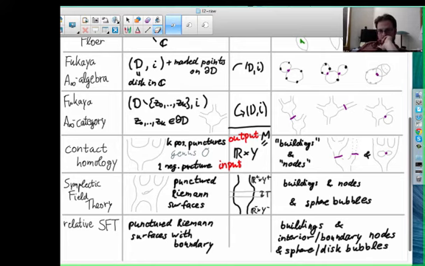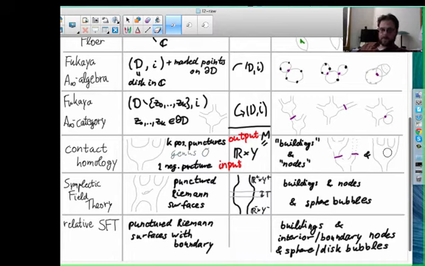Which I think is very similar to breaking. Yes, you can reformulate Floer breaking in these terms, but you can't go the other way. And this is now wrong because there are no nodes that will form in this setup.